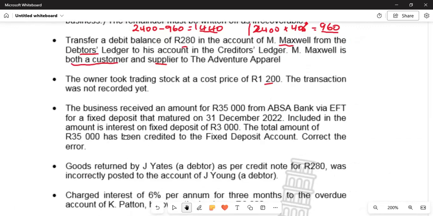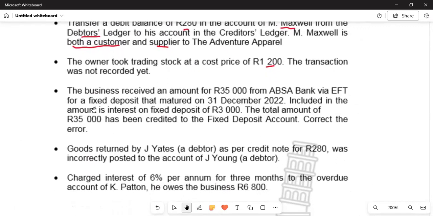We are moving on to another transaction where it says the business received an amount of 35,000 from Absa Bank via EFT for a fixed deposit that matured on 30th December 2022. Included in the amount is interest on the fixed deposit of 3,000. So the total amount of 35,000 has been credited to the fixed deposit account.